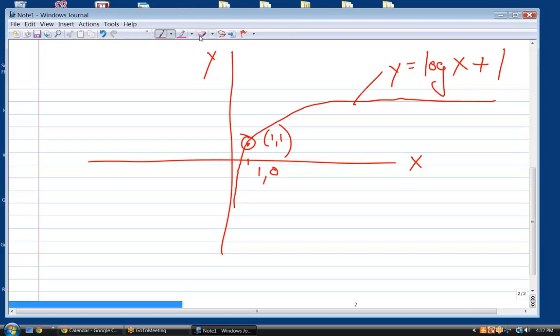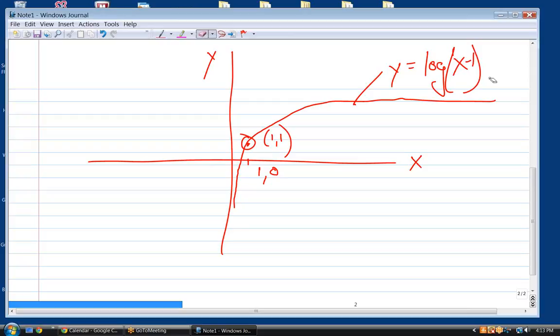In other words, if you stick a 2 in front of it, it's a vertical stretch by a factor of 2. If you put parentheses around it and make it x minus 1, that's a horizontal shift to the right of 1 unit. So it follows all of your other elementary function properties.